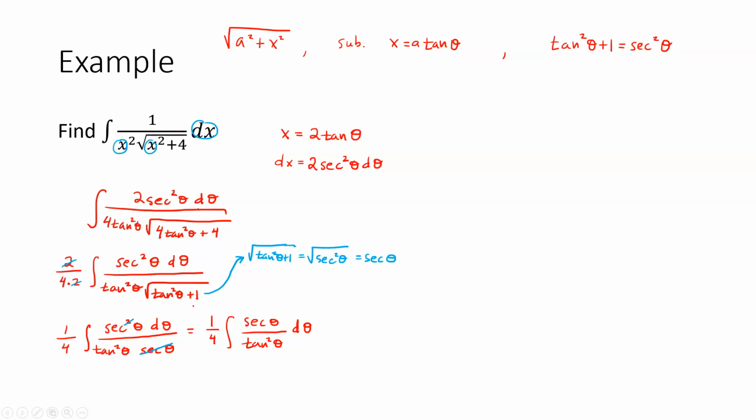One thing we could do is we could try and rewrite all this stuff in terms of sine and cosine. So this is oftentimes a helpful way of simplifying a trig expression. Because here I notice that secant, we can write that as 1 over cosine. Tan squared, that's sine squared over cosine squared. So flipping it over, we'll have cosine squared over sine squared.